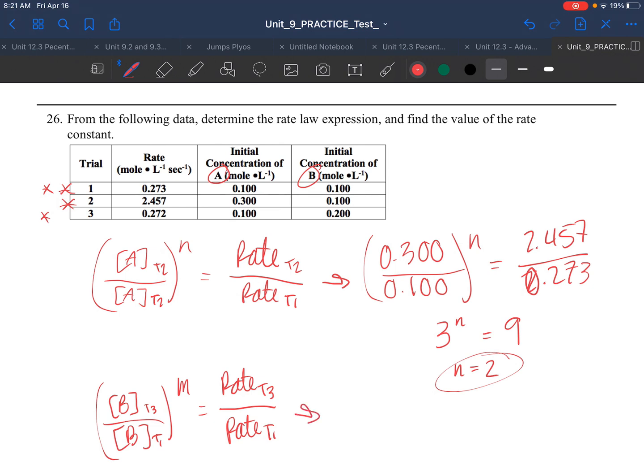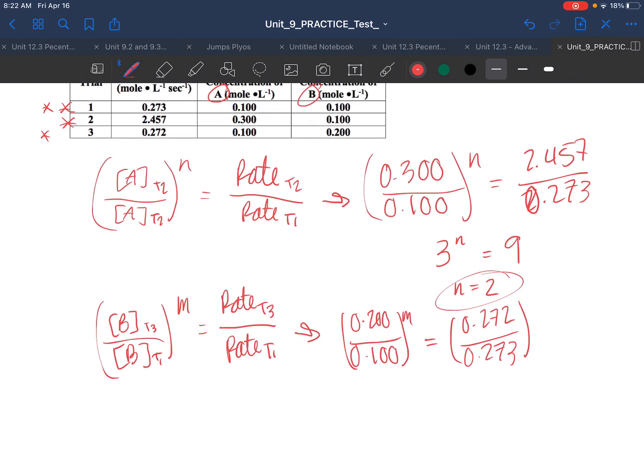Plug those things in, we get 0.200 over 0.100 to some power of m, and that is equal to 0.272 over 0.273. Simplifying this, you get that 2 to the m is equal to 1. Now, you may have gotten like 0.999 or something. Just round it to 1.